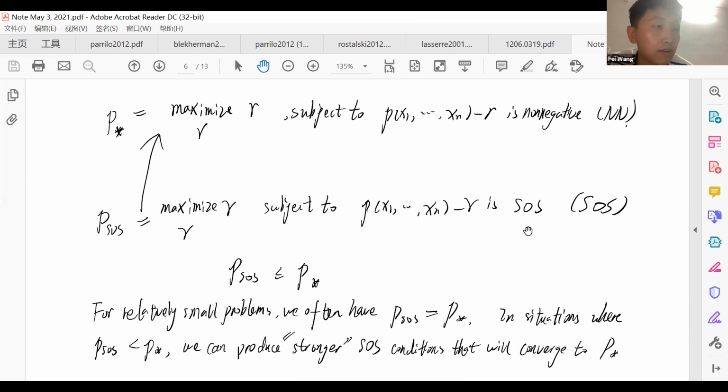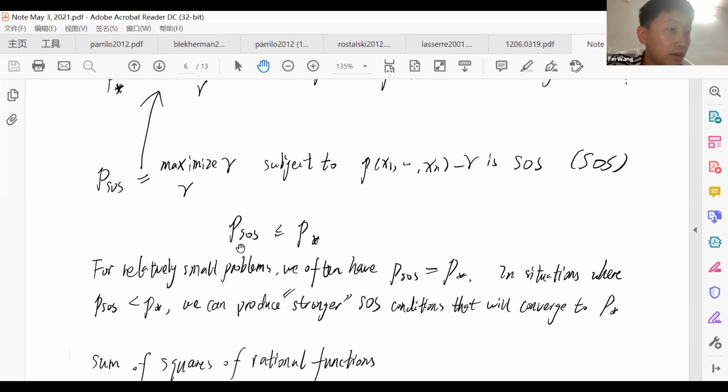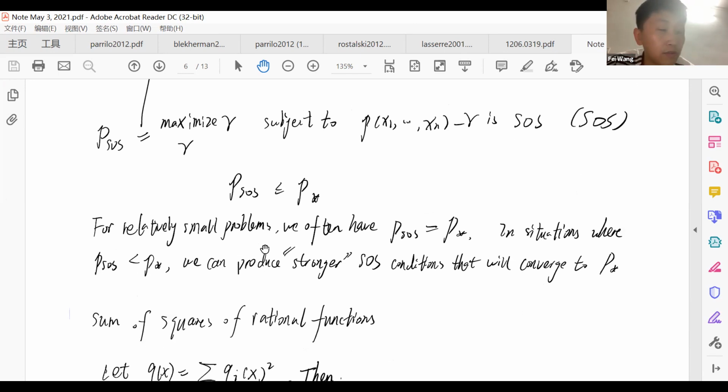Since it has a smaller feasible set, the maximum value must be no greater than the first one. So we have this inequality, but fortunately for many relatively small problems, we often have p_sos equal to p star.